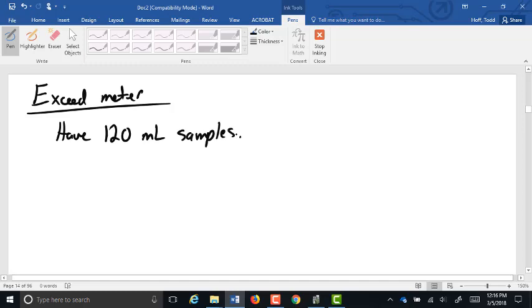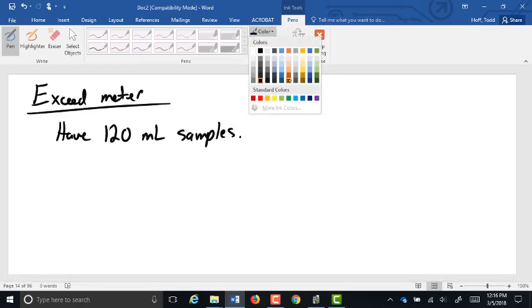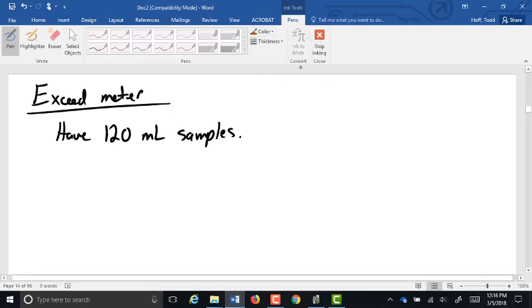So we may have taken a larger sample, but we've divided into 120 milliliter samples so that we can test it. Let's say that we're going to try to combine this to see if it'll get within our meter. So let's start with, we combine it with 120 milliliters of normal saline.